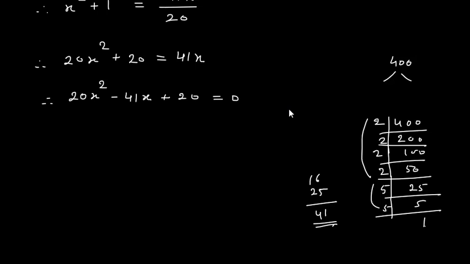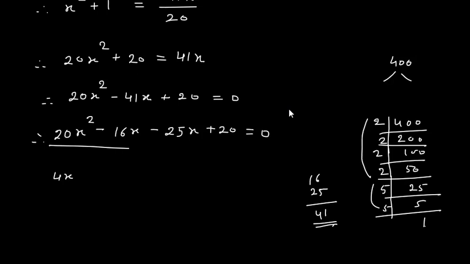Okay, so therefore I will write here 20x square minus 16x minus 25x plus 20 is equal to 0. So from here we will take 4x common.